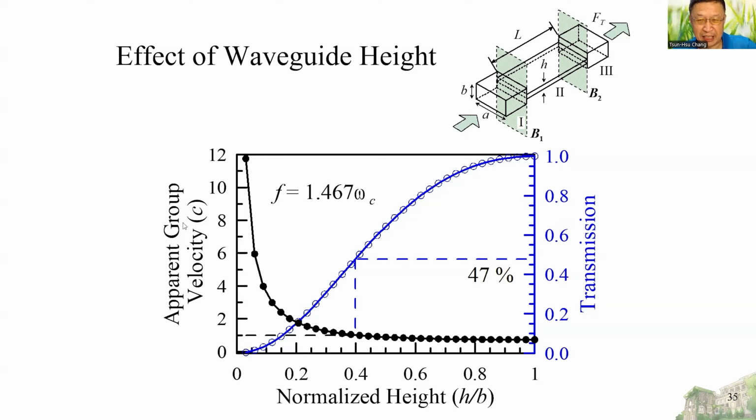For an undersized waveguide below this value, the group velocity faster than light is clear. And here is the transmission, the open blue circle corresponds to transmission. Transmission is 47% when the height is 1.